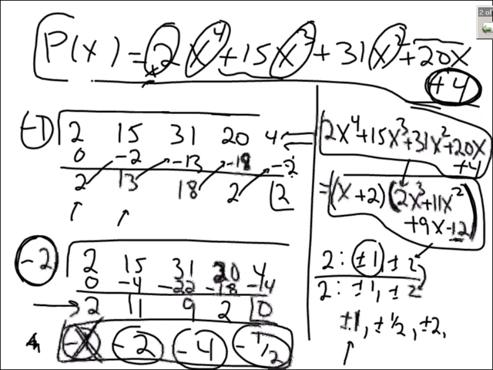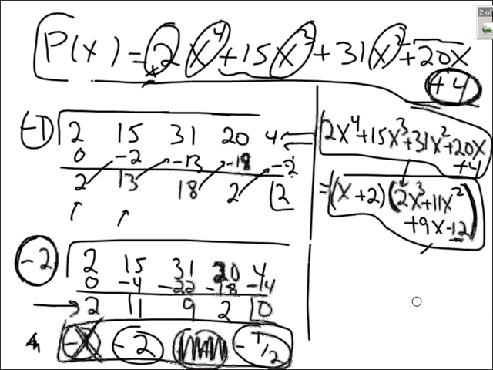So what we have are negative 1, negative 1/2, negative 2, and we've already discovered negative 1 doesn't work. So we have a shorter list. We don't have to worry about negative 4. So the two that we have to test are negative 2 and negative 1/2.